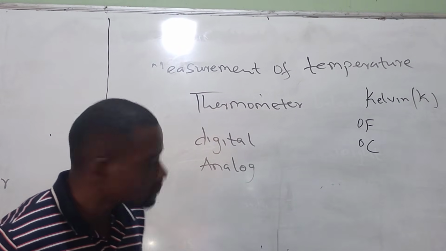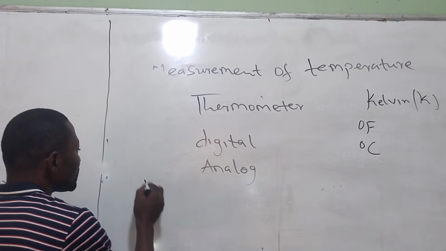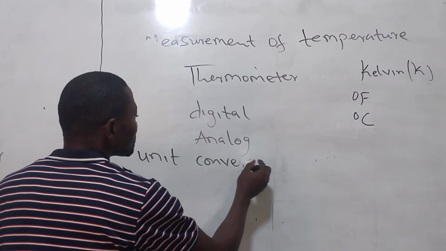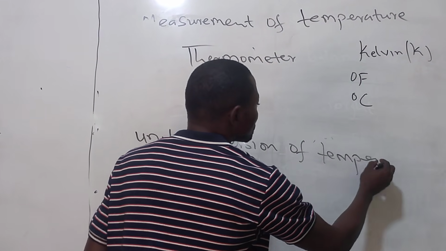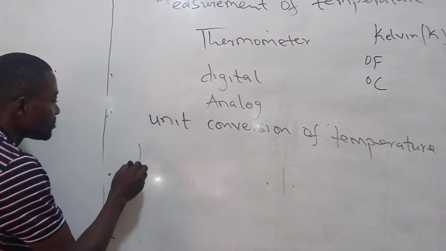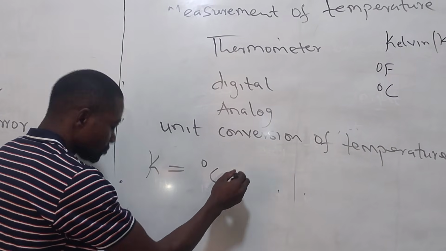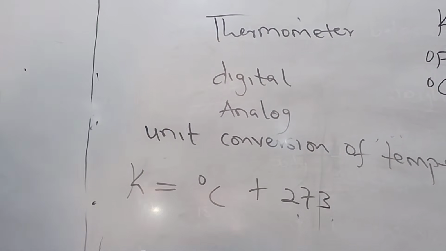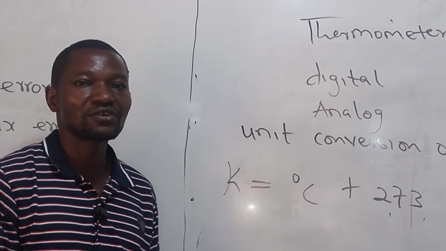Let's look at unit conversion of temperature. For temperature, you can convert temperature in degrees Celsius to temperature in Kelvin by just adding 273 to the temperature in Celsius.